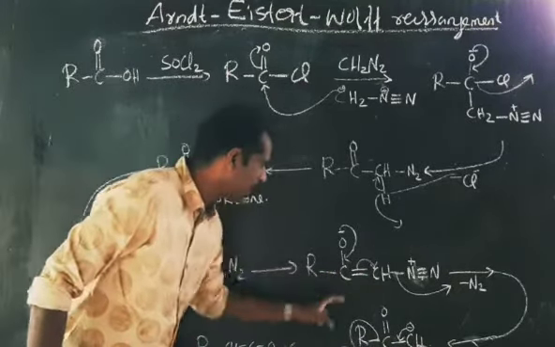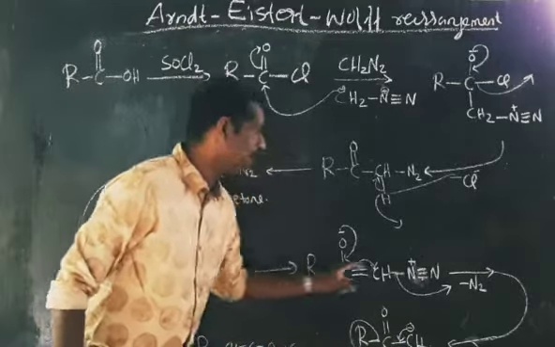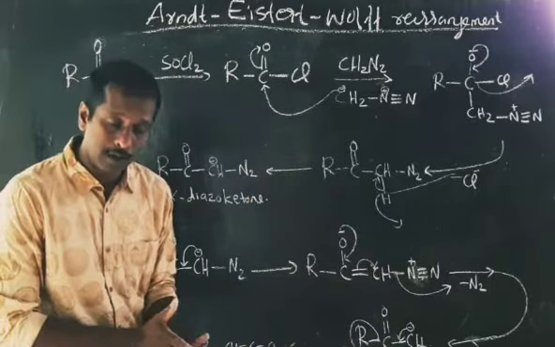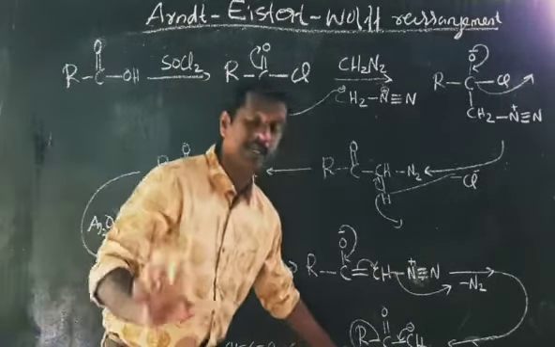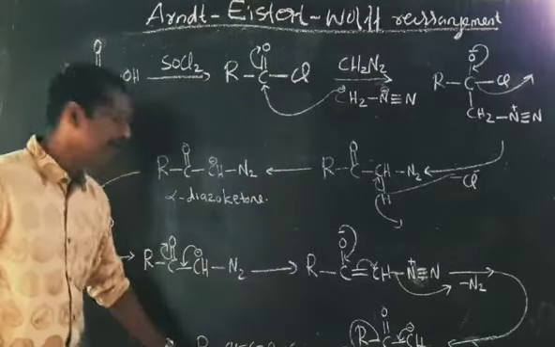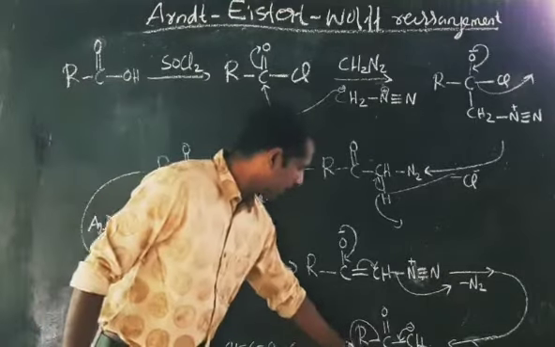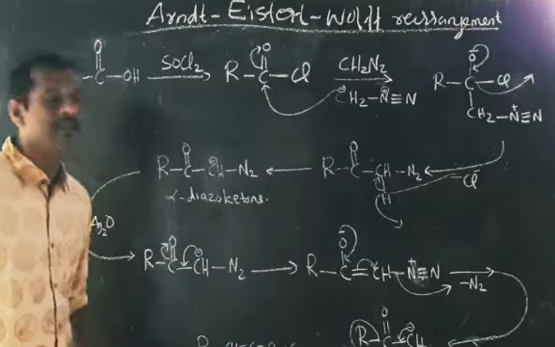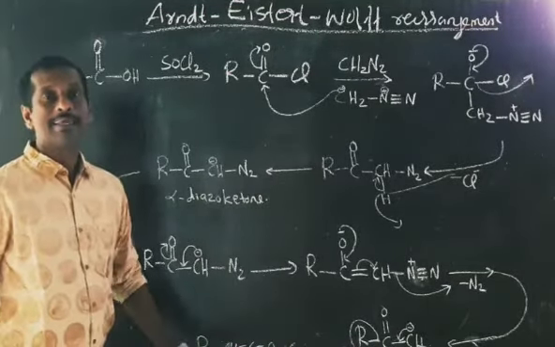This is a concerted mechanism, through a transition carbene. We get the carbene intermediate, and finally we get ketene.